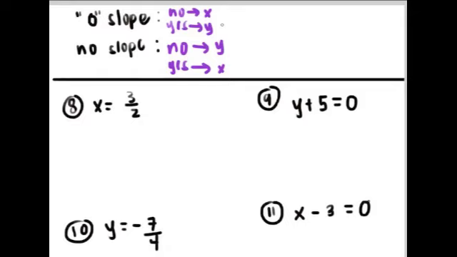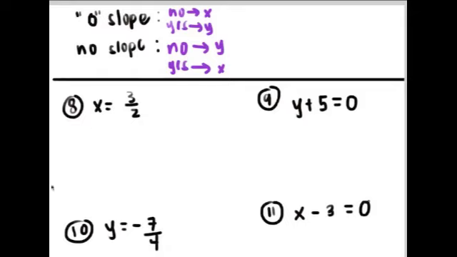I will show you how to do this on the graph in the next few days and what that exactly means, okay? So if you look at the problem and there's no X, but there is a Y, the slope is 0. If you look at the problem and there's no Y, but there is an X, then we say that we have no slope.